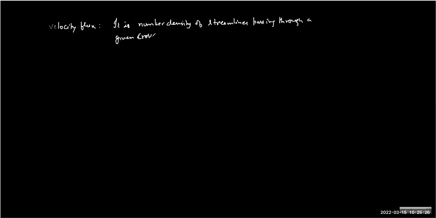So velocity flux, you can think of it as the number density of streamlines passing through a given cross section of fluid flow.